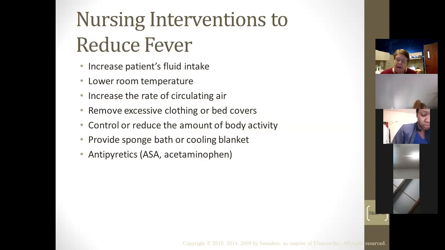And then the antipyretics, okay, your aspirin and your acetaminophen are medications that the doctor has to order in order to get rid of the fever. So all those things up until that antipyretics you can do as a nursing intervention. All right, you don't need a doctor's order for that. When you do have a fever, you want to check the temperature at least every 4 hours to make sure it's not getting worse.